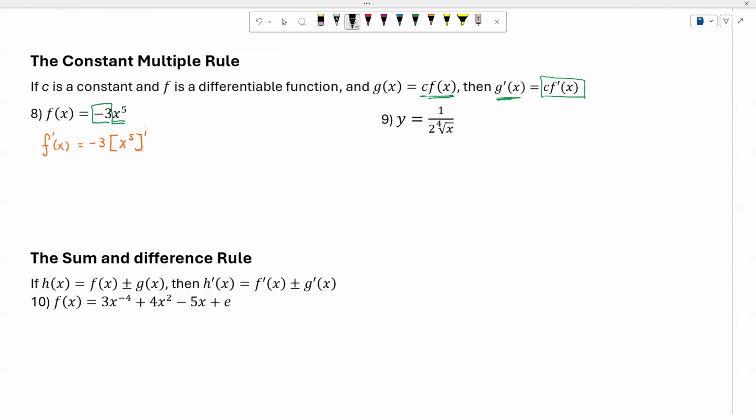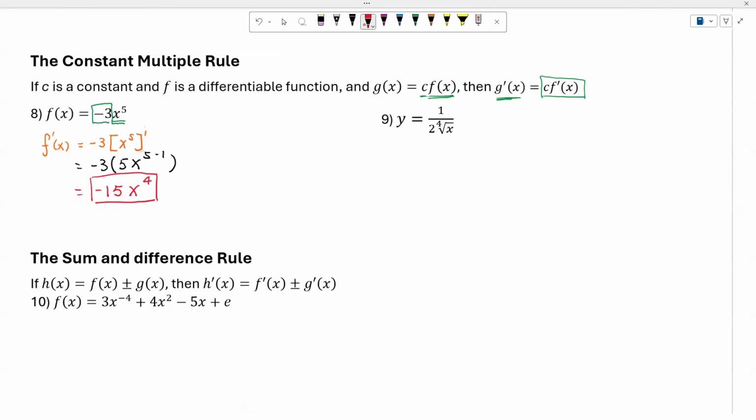So I will have -3 multiplied by 5, I bring the power down, x to the power of 5 minus 1. Then I will have -3 times 5 is -15, x to the power of 4. Then this is my answer.